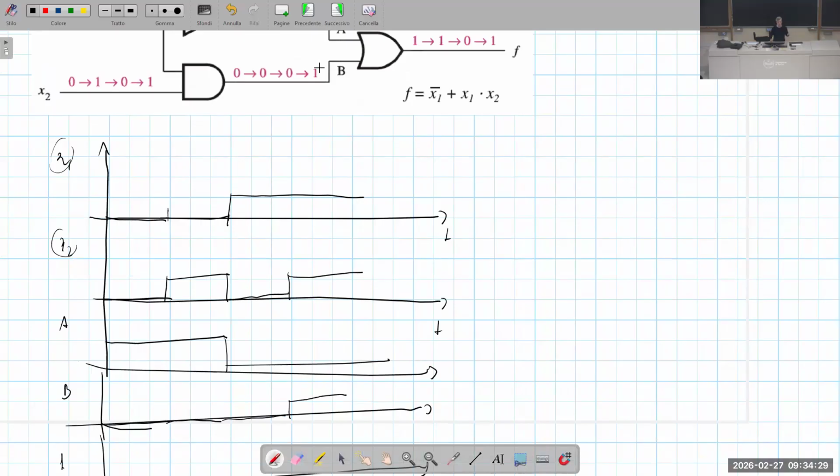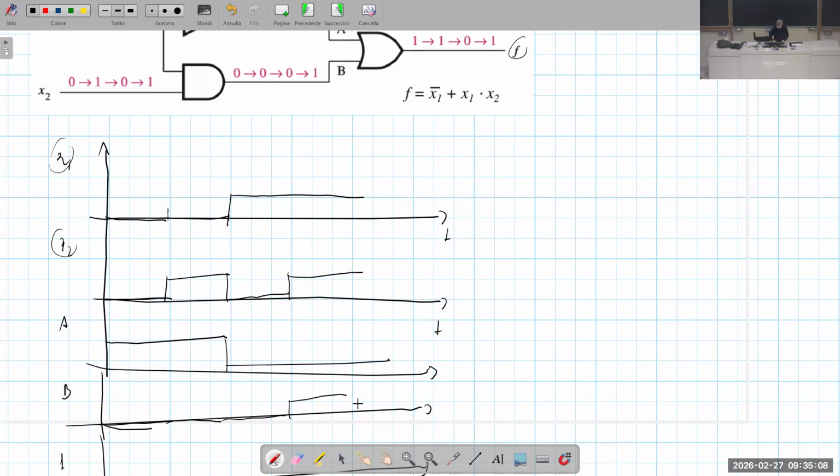In this way, when we have to analyze a simple combinational network, we start from the external inputs, in this case x1, x2, then we can evaluate directly the outputs of the gates that are just connected to external inputs, and then, taking advantage of the external inputs and of the outputs of the gates calculated in the first step, we can evaluate the outputs of the next level of gates till we reach the external outputs, in this case F.